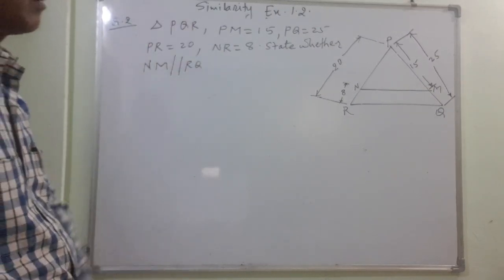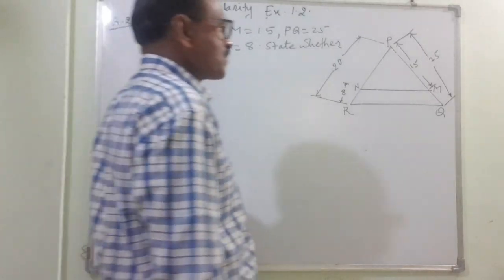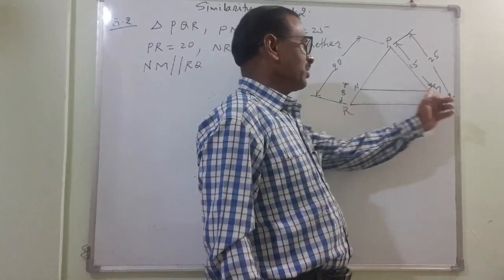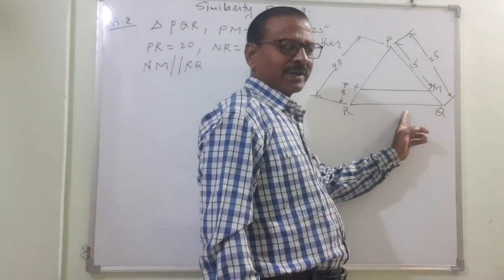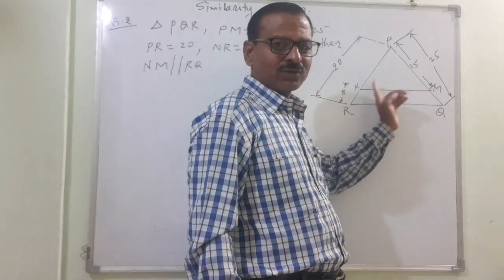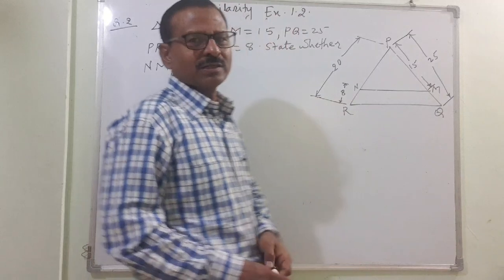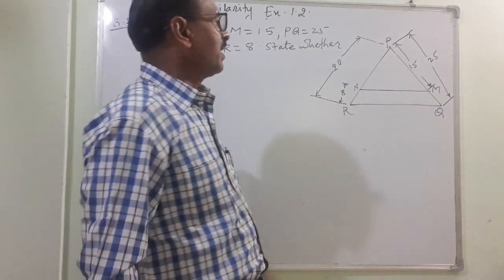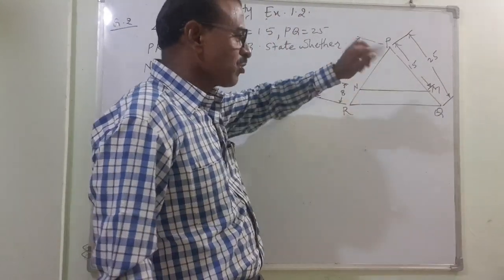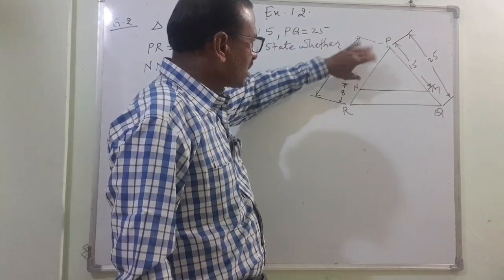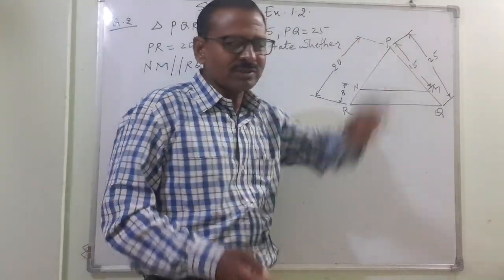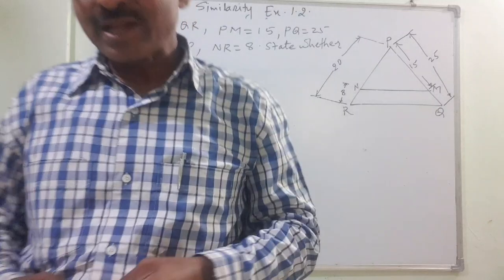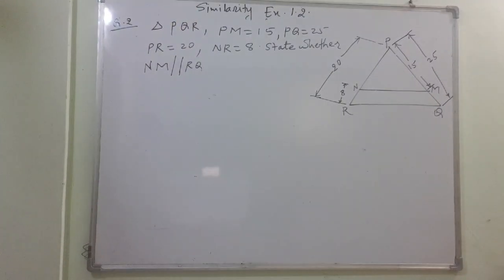What is the theorem? A line parallel to a side of a triangle and intersecting the other two sides in two distinct points divides those sides in proportion. Now here the proportion is given. I have to check whether it is dividing in proportion or not.